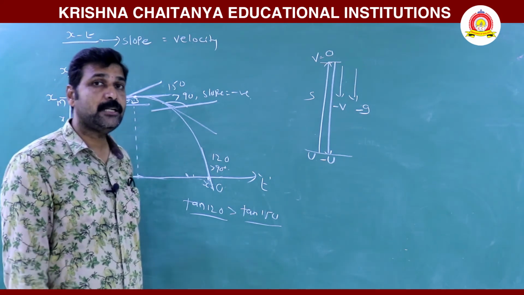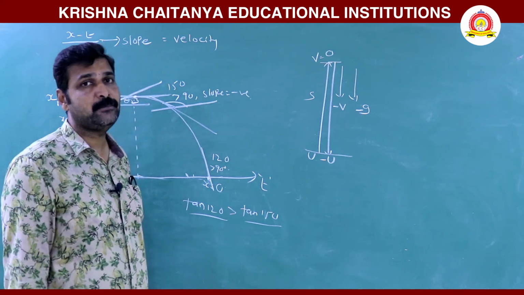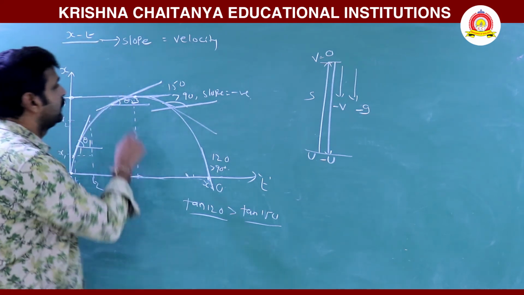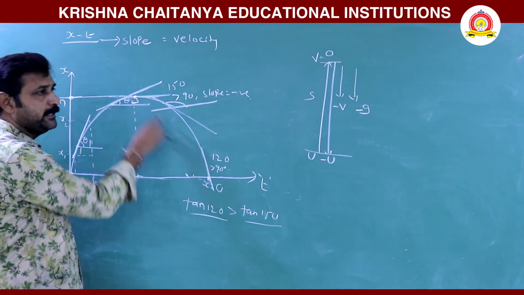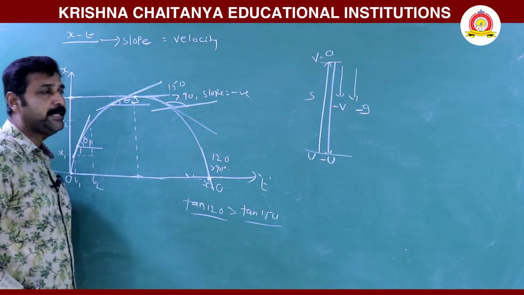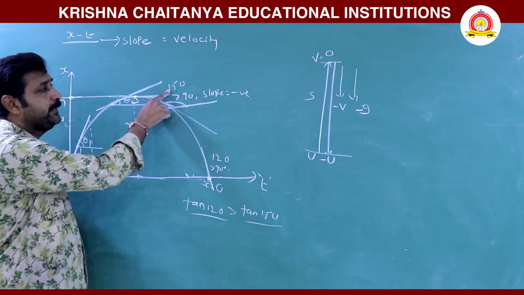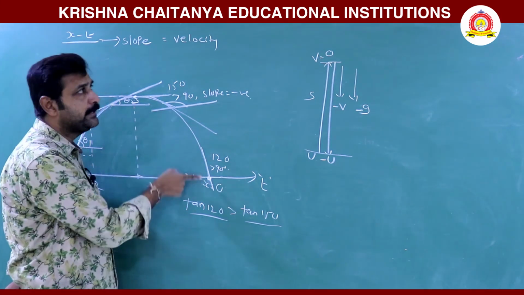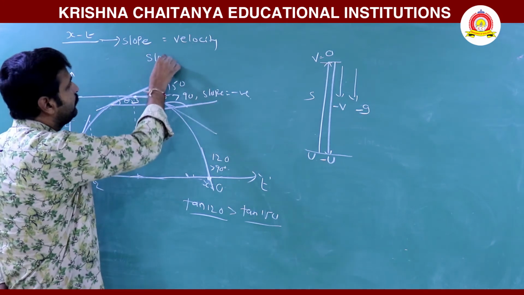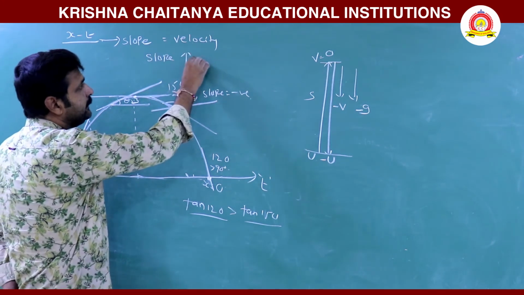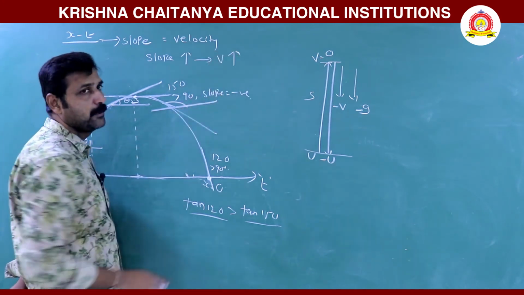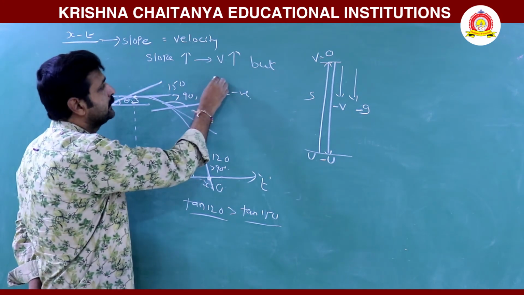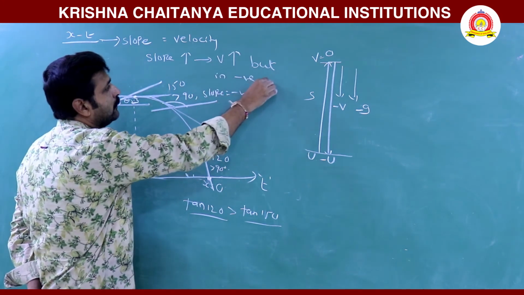That means to reach the same position, it has to turn back and travel in the opposite direction. Then here, as the body goes from here to the x-axis, slope increases. Slope increases means velocity increases.